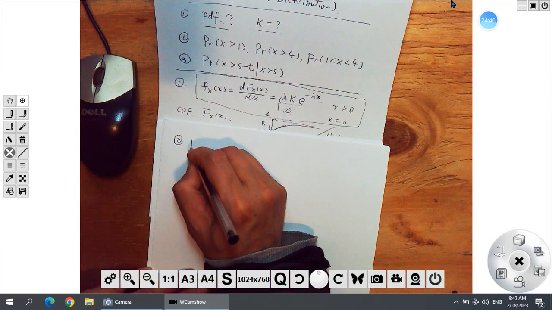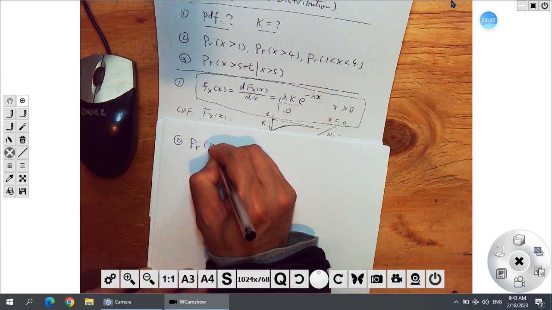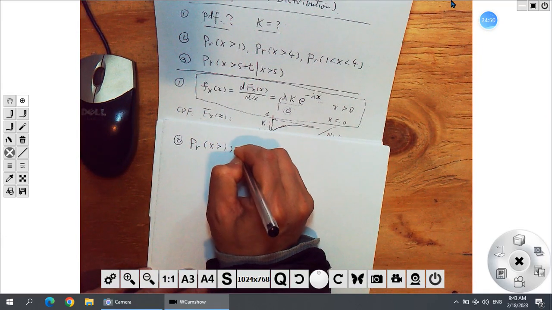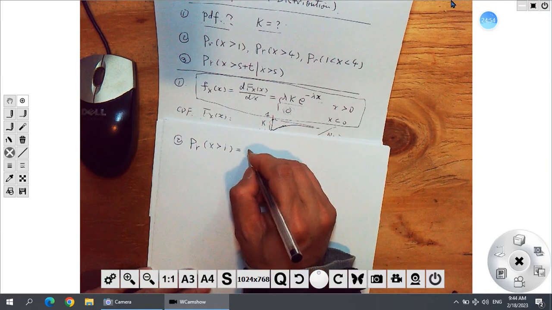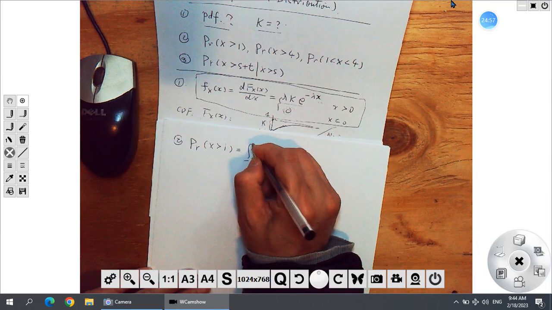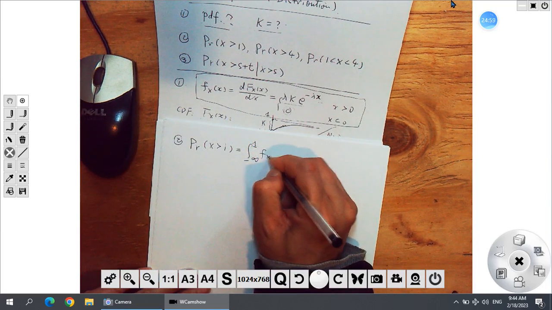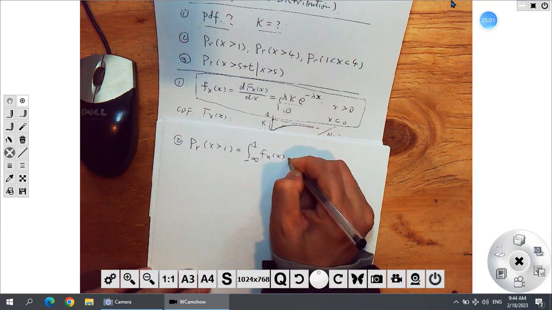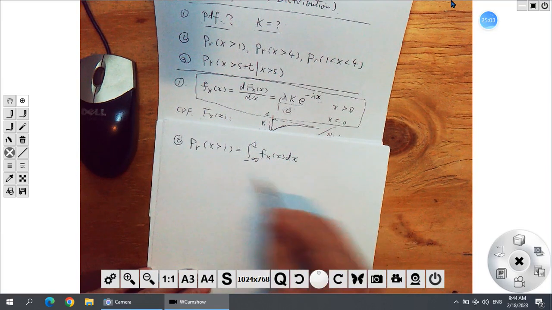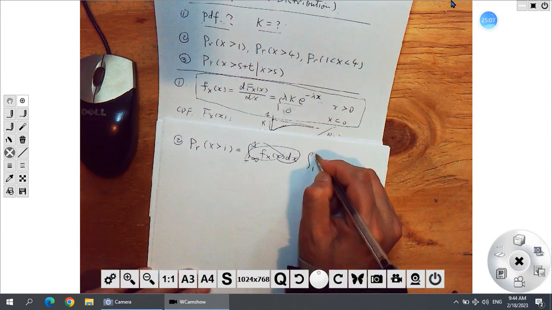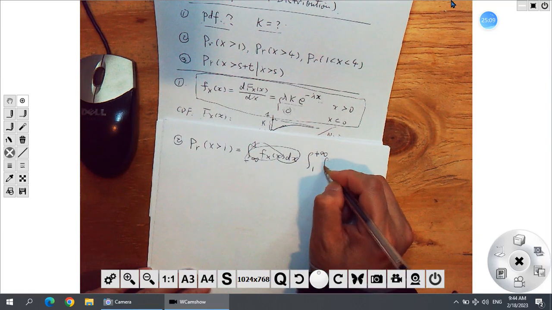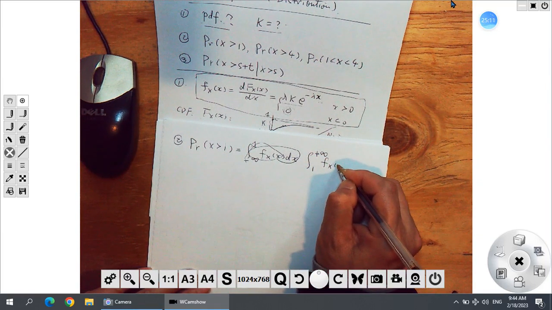The probability of x larger than 1 equals... now we have several ways. The first way is just the integration of the PDF, from 1 to positive infinity, f_X(x) dx.